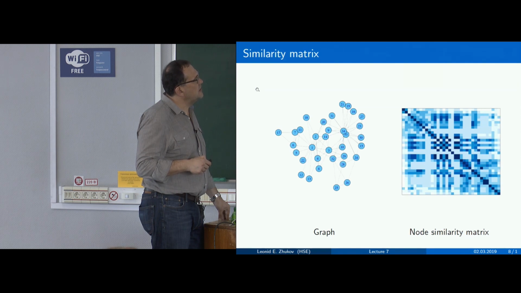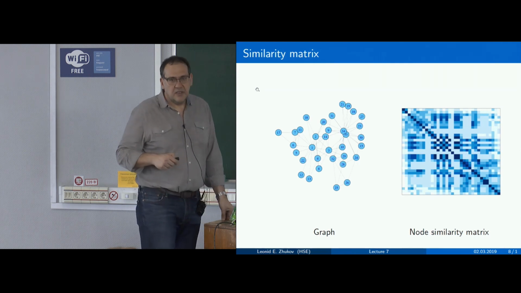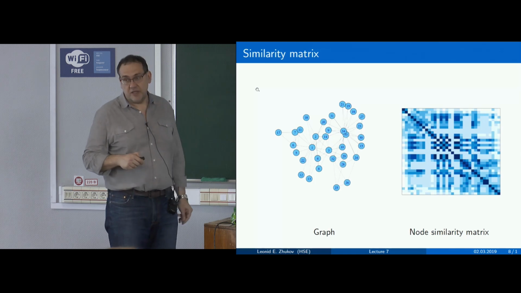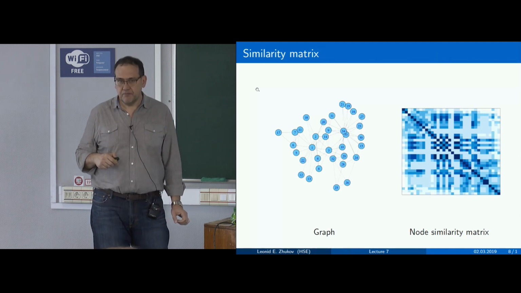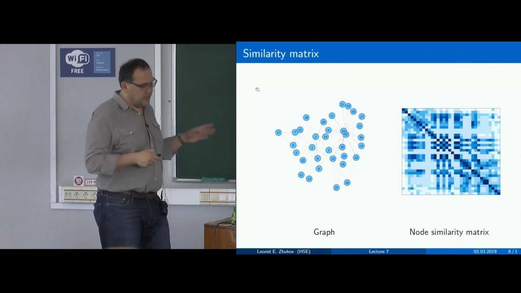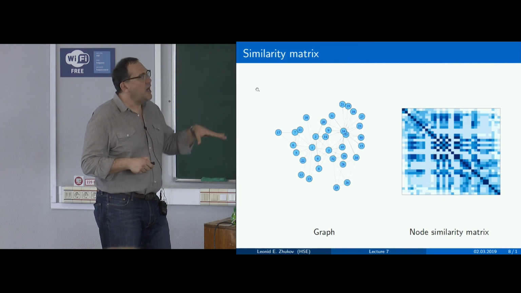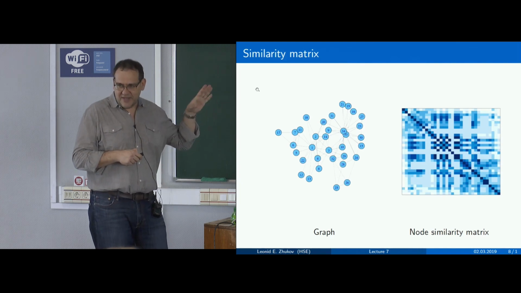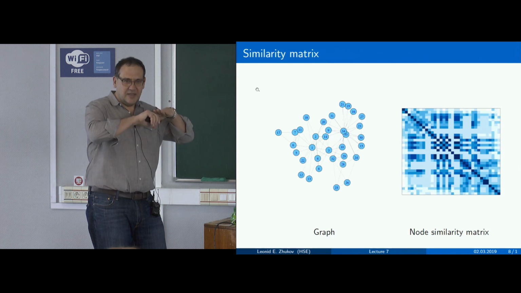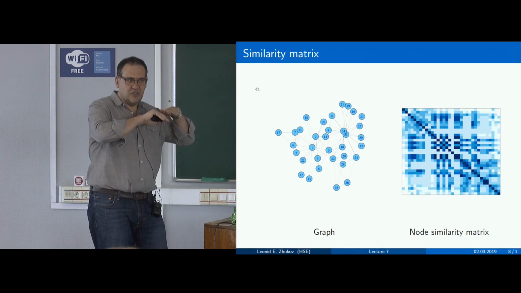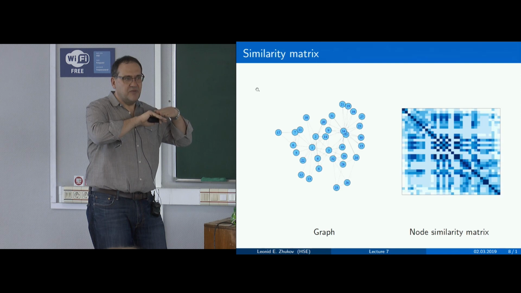You can actually see it even here, and so for those two nodes, the matrix will have dark colors, because the values are large. All right, so again, important here: this is not an adjacency matrix, this is not a connectivity matrix. This is a matrix that counts the similarity between two nodes in terms of the overlap of their neighbors.